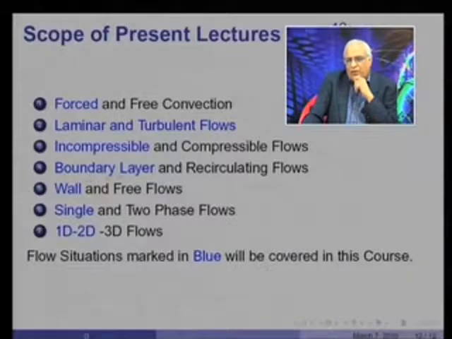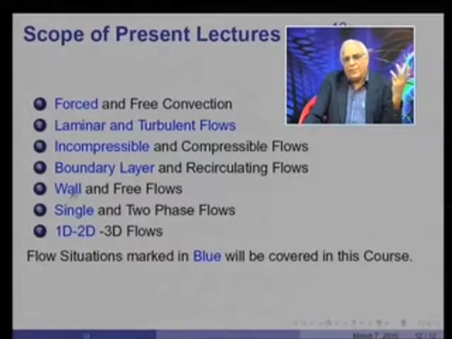We will only be concerned with boundary layer type flows, essentially flows with predominantly one-way influences, simply because they are mathematically much easier to track in a classroom situation. Recirculating flows require numerical methods and use of computers, and I will therefore not be dealing with recirculating flows in the classroom.